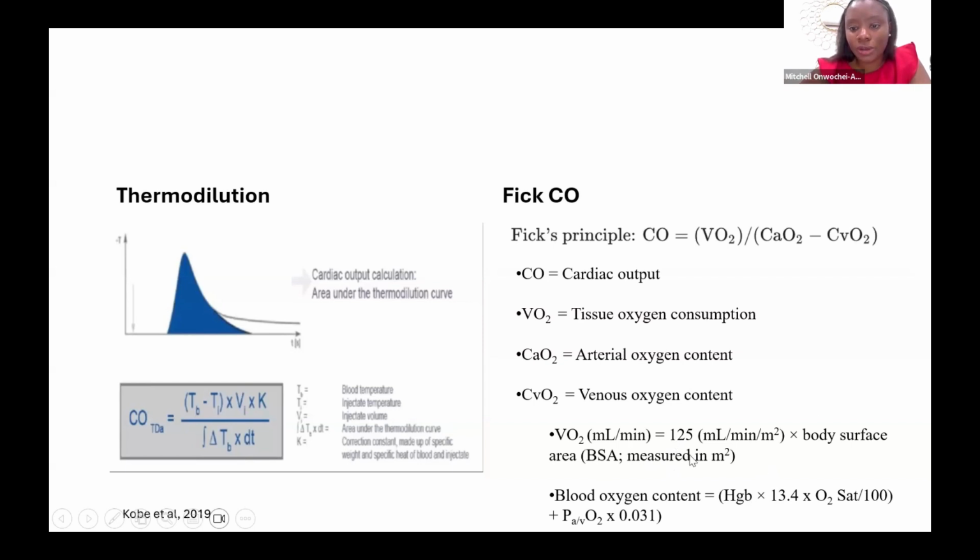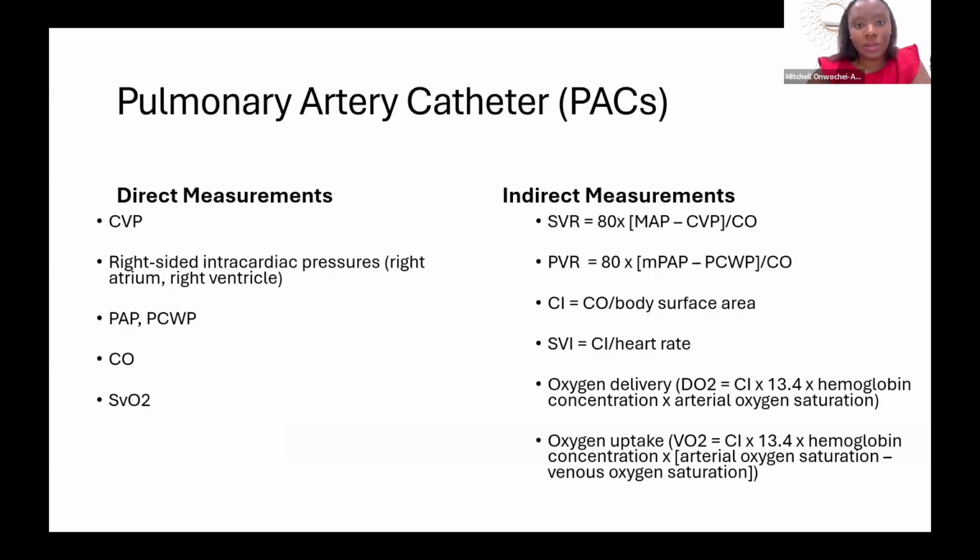And your blood oxygen content is this equation below, which I hope you guys get frequently quizzed on, like I did when I was in training. And again, this is just saying all the measurements you could get with your pulmonary artery catheter.